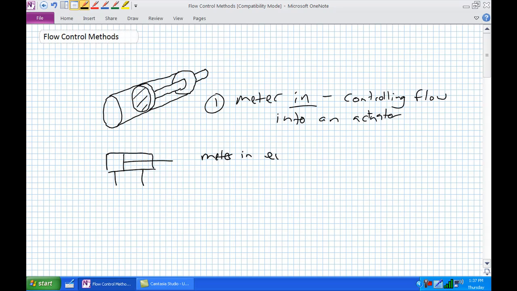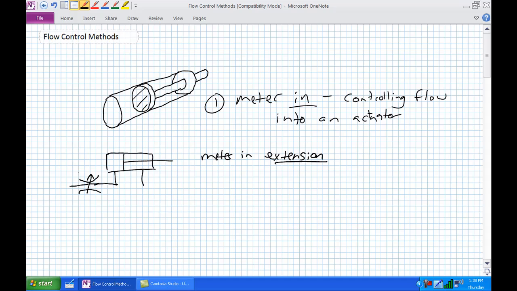So meter in extension implies that I have to control flow into this actuator, in this particular case this double acting cylinder, that will extend it. Which one extends it? Well, pretty obviously, flow into the cap end will extend this guy.